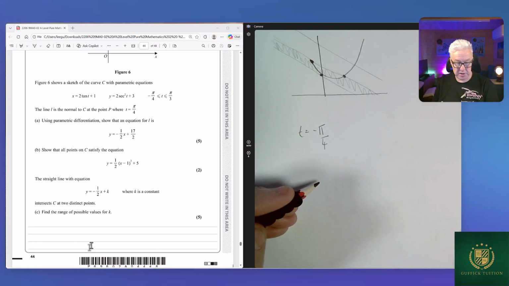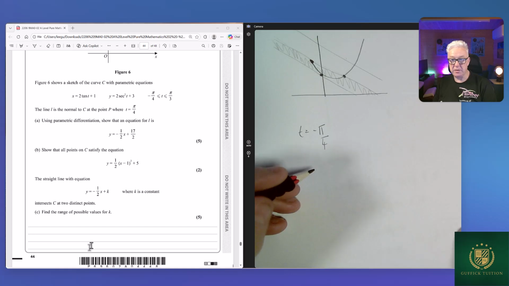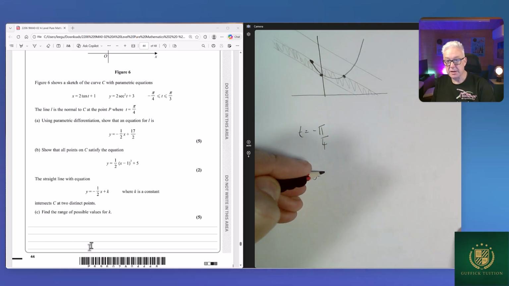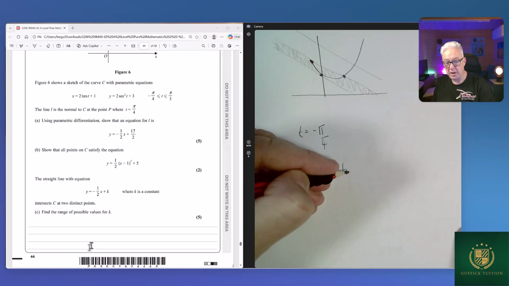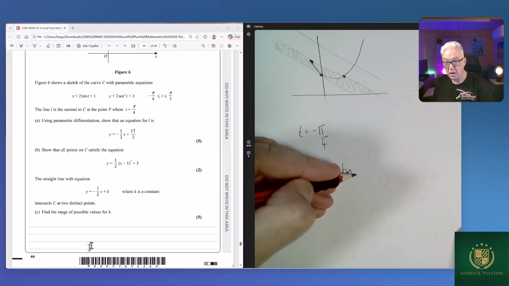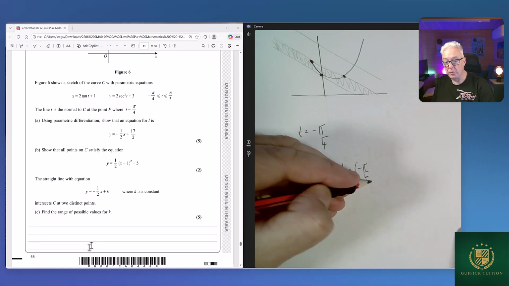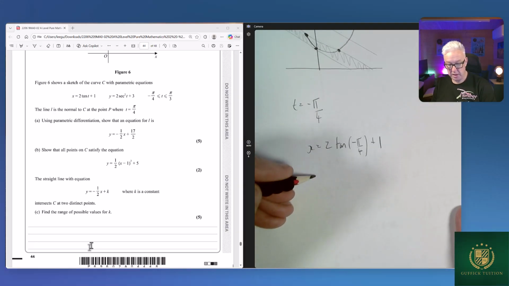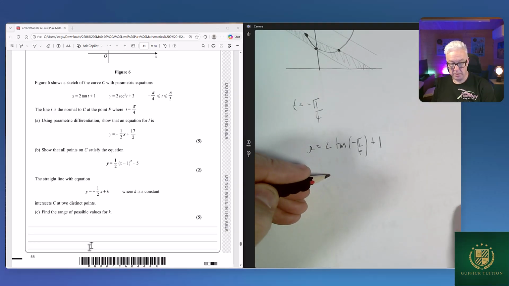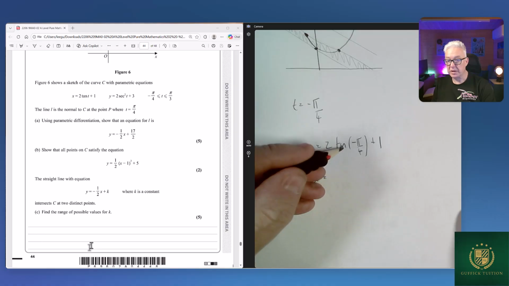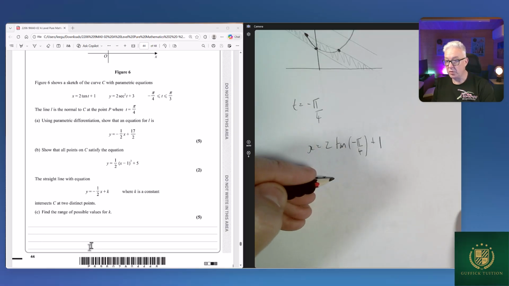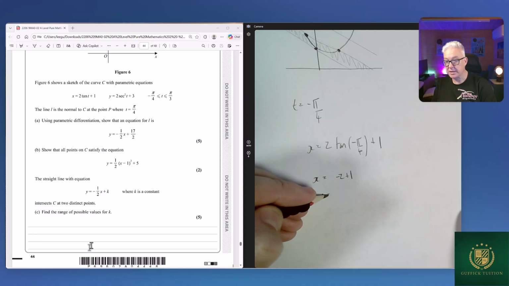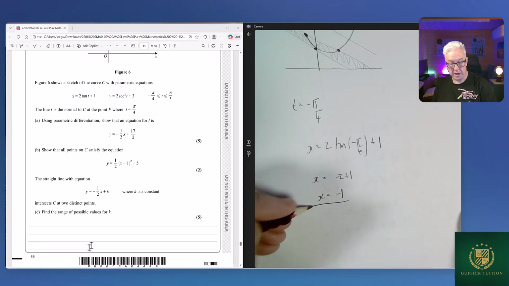Let's use that to work out our values of x and y here. So x is going to equal 2 times tan of -π/4, plus 1, which is 2 times -1, because tan of -π/4 is -1. That is -2 plus 1, so x is going to equal -1 at that point.